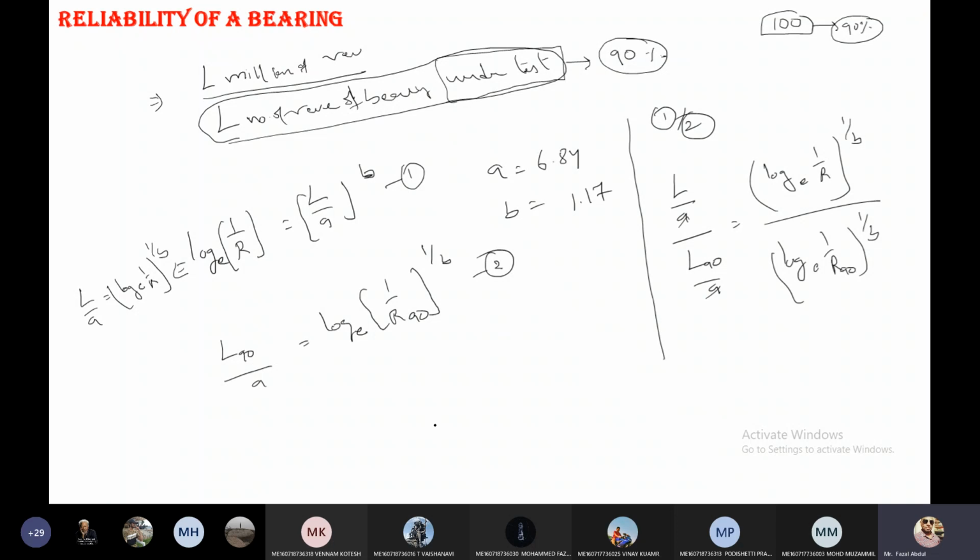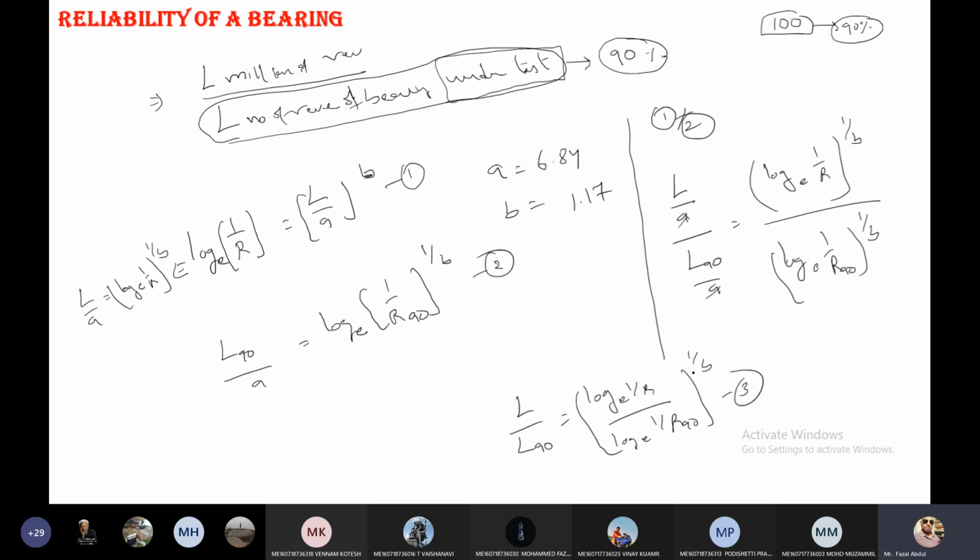So here the equation changes as L by L90 equals log e 1 by R by log e 1 by R90, power 1 by b. Okay. So this is the equation.